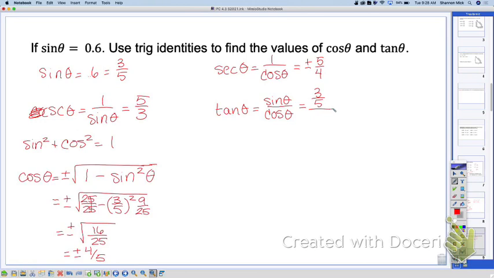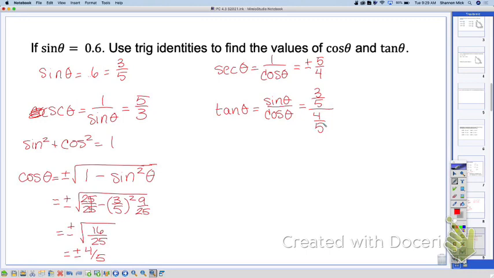And I think your book will drop the plus or minus at this point, but technically it's still going to be there, right? Cosine is 4/5. And we've talked about this. We're dividing fractions, so we multiply by the reciprocal, right? And if the denominators of both the numerator and the denominator are the same, they're going to reduce out, aren't they? Yes.